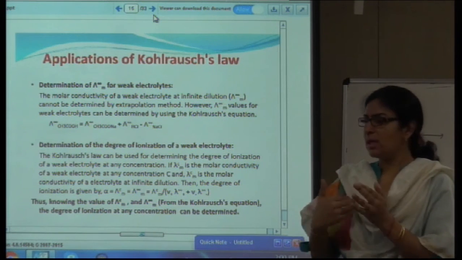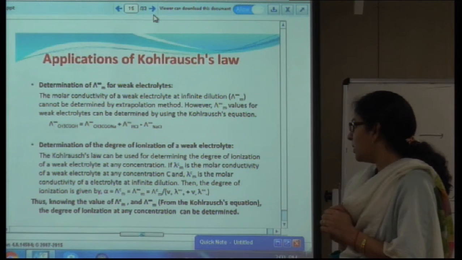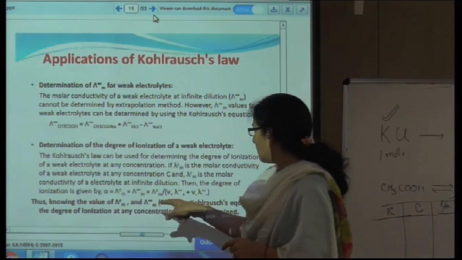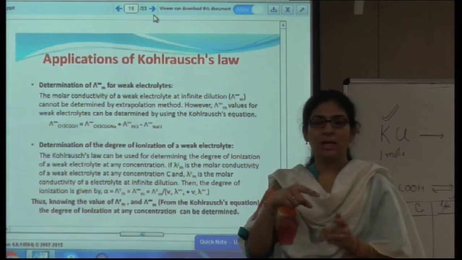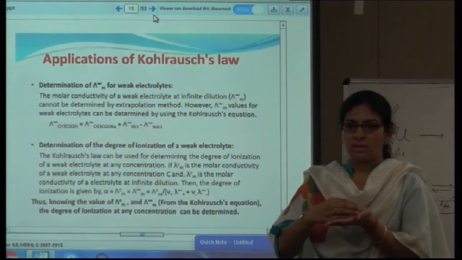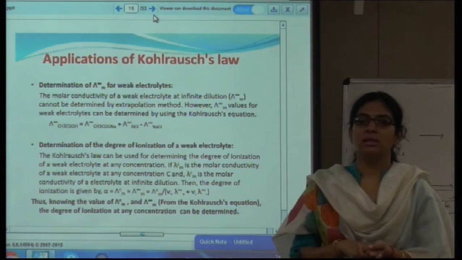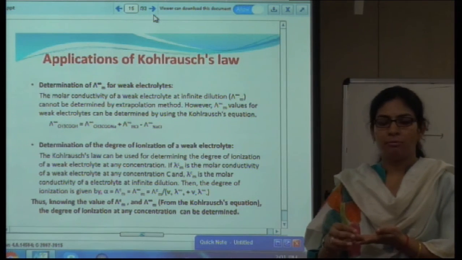Degree of dissociation you can calculate this way. I think by mistake I wrote equivalent, but this is given by the molar conductance at any concentration divided by the molar conductance at infinite dilution. Because what do you expect for a weak electrolyte?